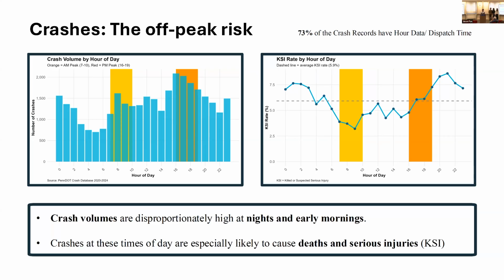Overnight, the KSI rate rises well above average, reaching 7.5 to 8% at some hours. That is roughly 35% above the citywide mean. Together, off-peak hours produce a disproportionate number of crashes relative to traffic volume, and those crashes are significantly more likely to be fatal. That is the core empirical finding motivating this project.